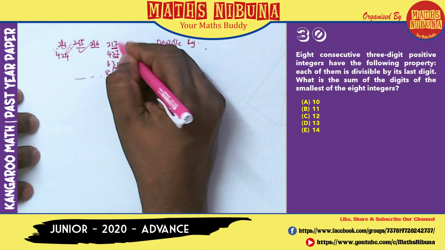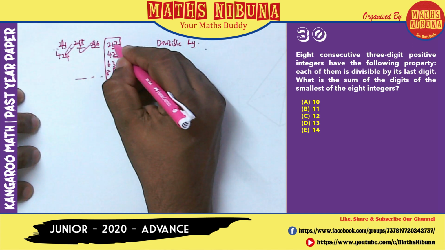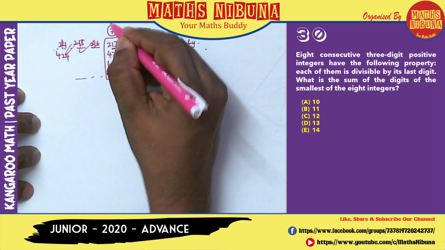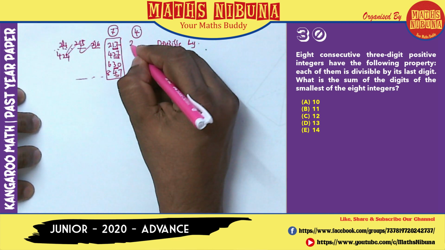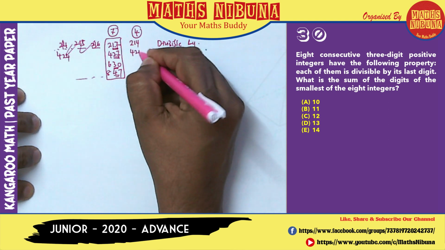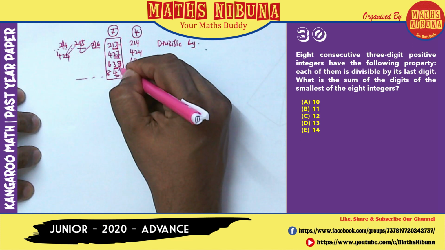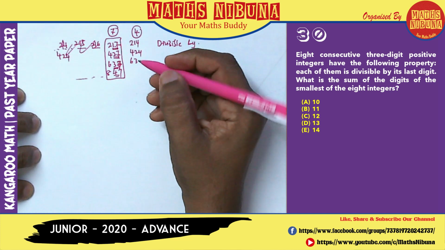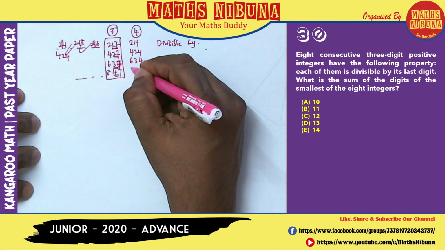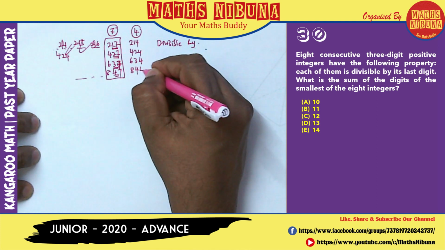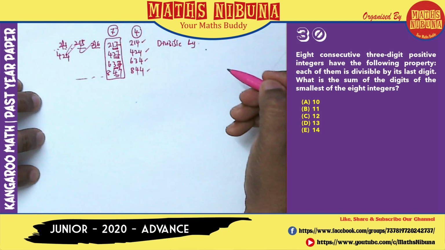Now I have 4 numbers only, 4 rows. In the 4th column, this will be 214, this one 424, this one 637, 634, 844. Out of these 4 numbers, which one is divisible by 4?